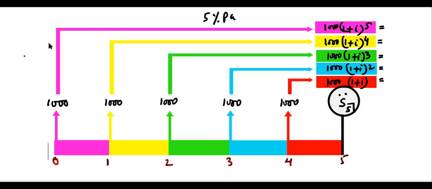And then we'll try to write each one. 1102.50, then this will be 1157.63, that's fine. Then you get 1215.